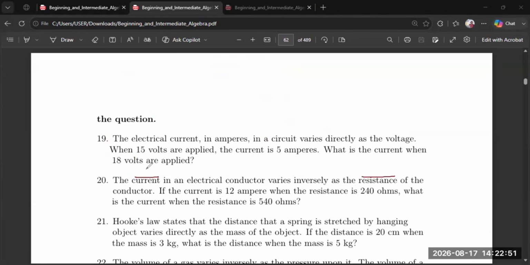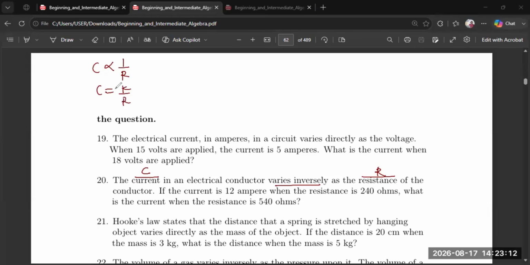If we let C represent the current and R represent the resistance, the relationship between these two is an inverse relationship. So we write C is inversely proportional to, or varies inversely as, the resistance, 1 over R. Now introduce the constant of variation, that would be C equals K over R.